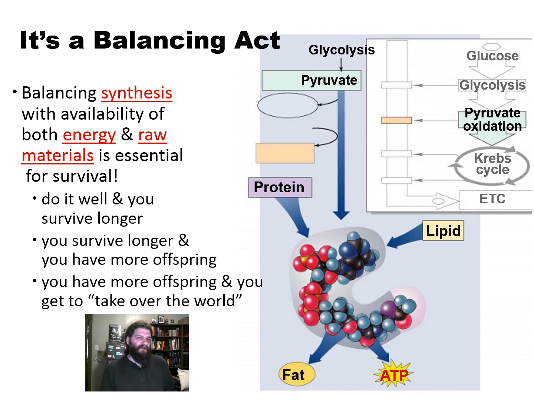Is there enough energy in the cell to justify taking some of these raw materials and using them to make storage or structural molecules? Or should we take some of those structural and storage molecules and use those to make more energy for the cell? And the ability for an individual to balance those things is going to determine how well that organism is going to be able to survive.